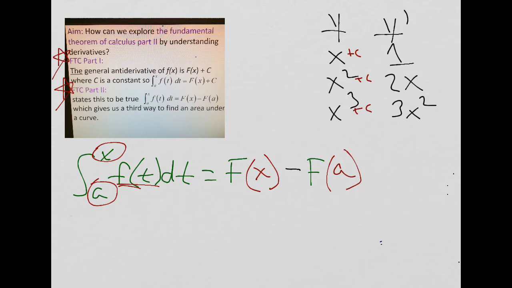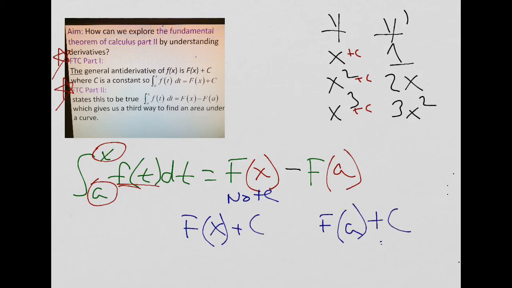Well, that's really it. In our antiderivative, it is an F of b plus c, or an F of a plus c. But that constant is the same.